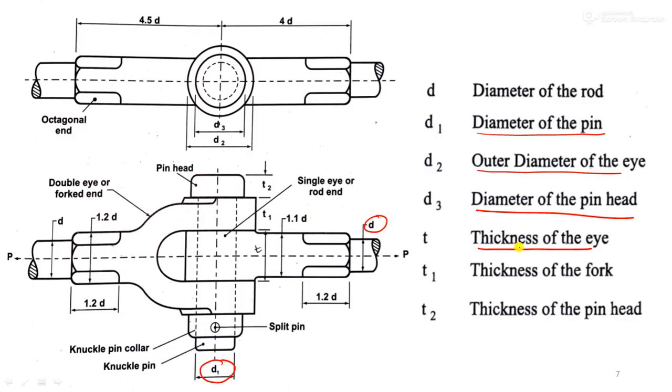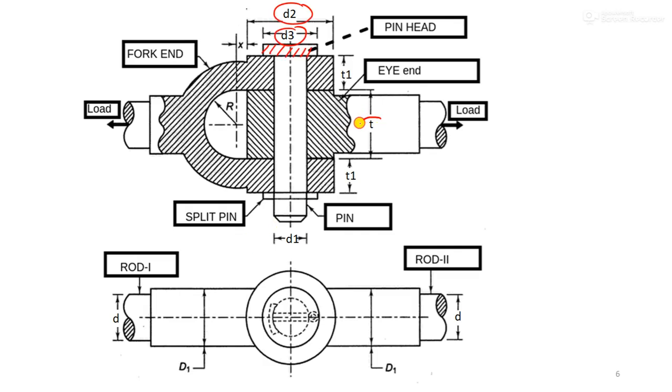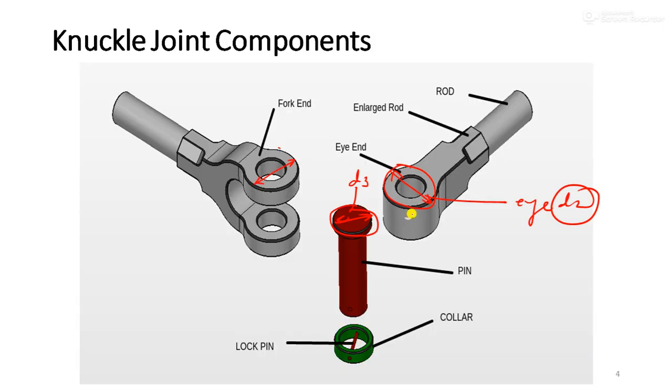T is the thickness of the eye. Thickness of the eye means what? This portion, T, inside which the part of the pin is connected. See, this is nothing but the T, thickness of the eye, and the thickness of the fork will be the same.